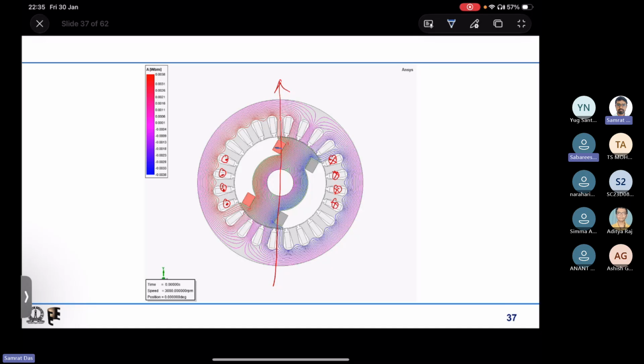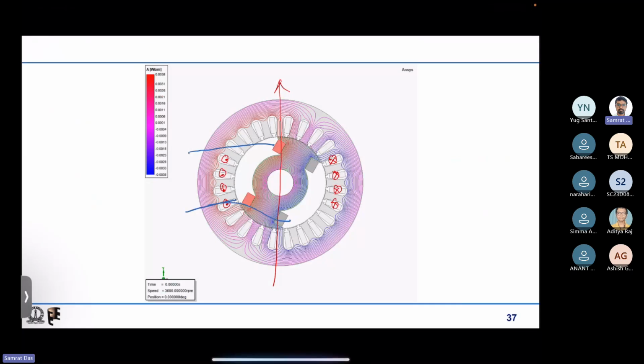Even if you measure it, it will be exactly equal to the resistance multiplied by the field current being injected. So the voltage across it, say Vf, will be exactly equal to If into Rf. Had it not been synchronous, then due to the field of the stator there would be some induced EMF in the field winding also, and this equation would not hold.